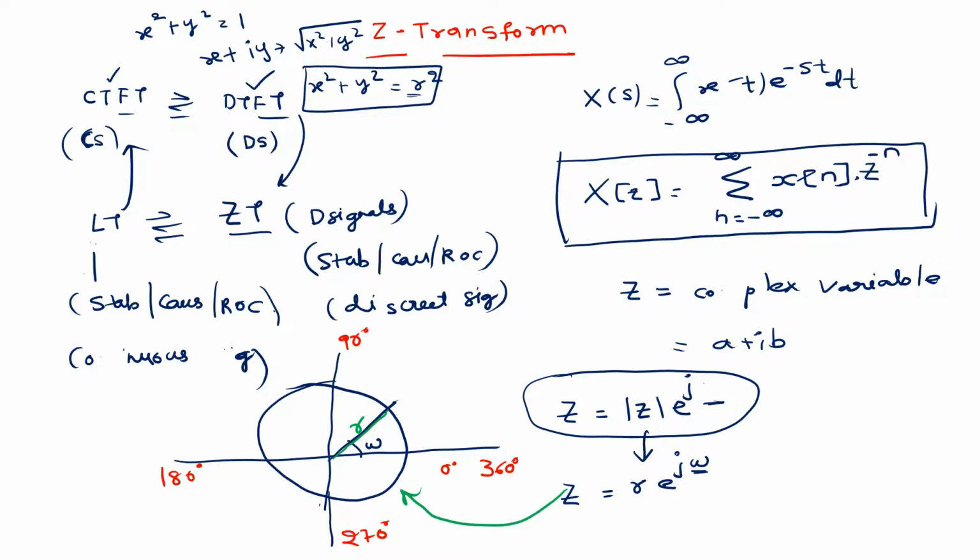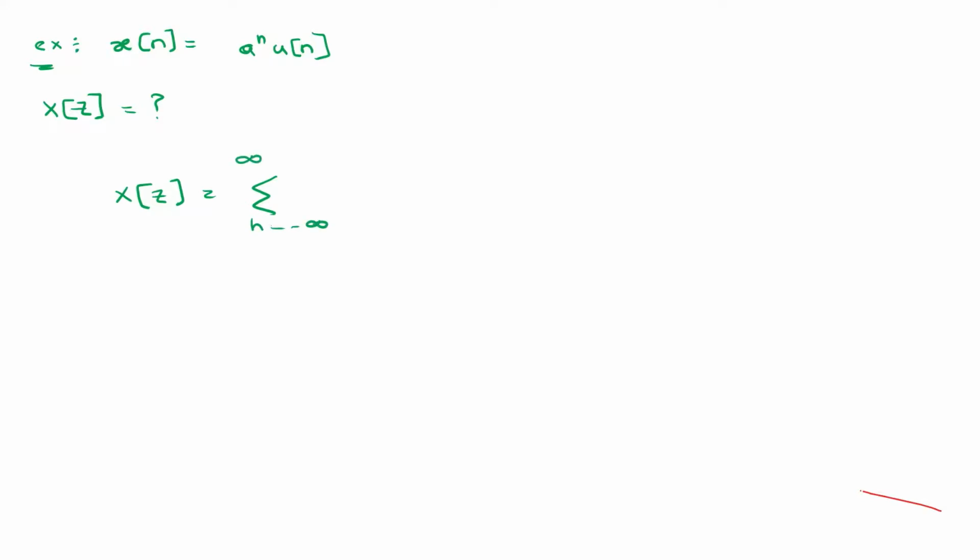Let's take one example and solve it. Let x of n equal a power n u of n. We need to find X of z. Just apply the formula: X of z equals the summation from n equal to minus infinity to infinity of x of n. Substituting, we get a power n u of n z power minus n.